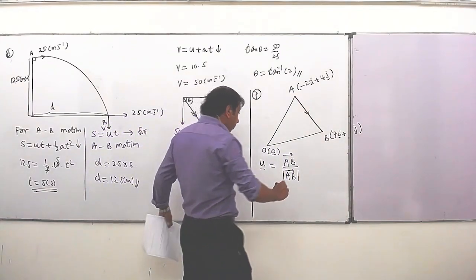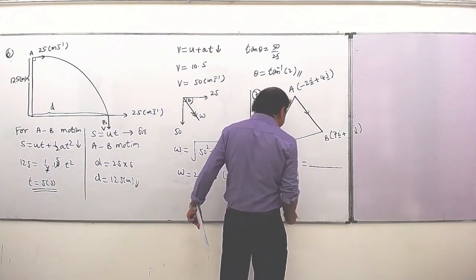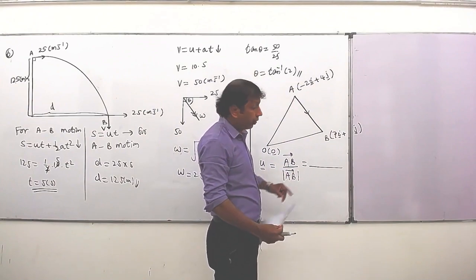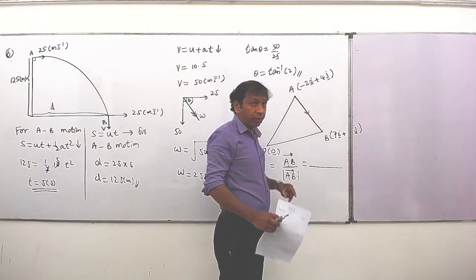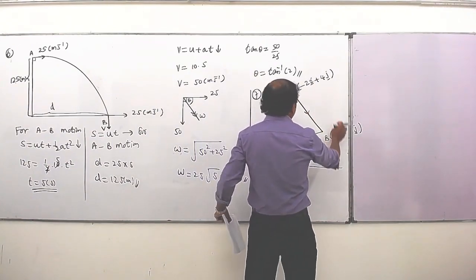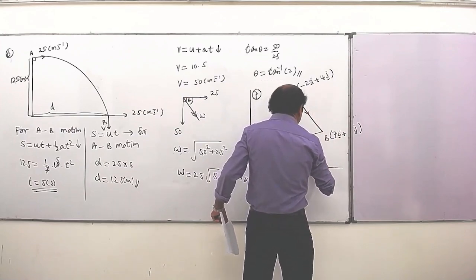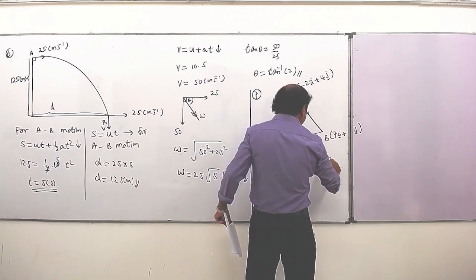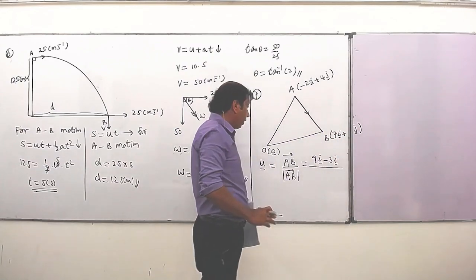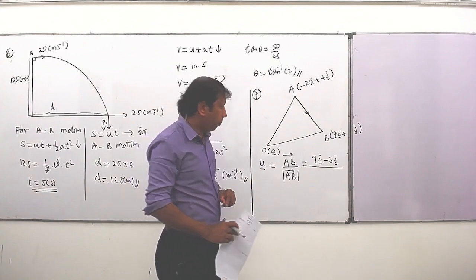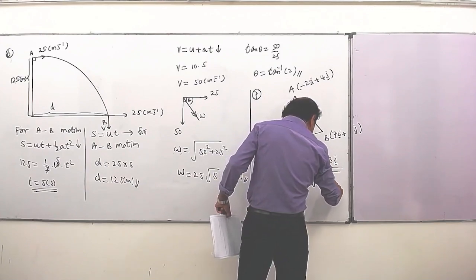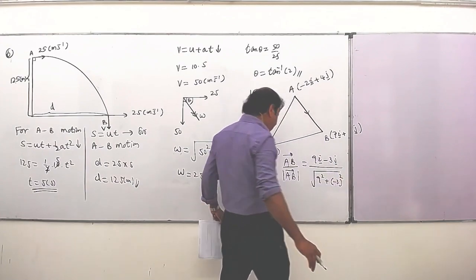But the AB vector, A to B vector, will be equal to position vector of B minus position vector of A. 7i minus minus 2i is 9i, j minus 4j is minus 3j. That is the AB vector. Its modulus means square root of i coefficient squared plus j coefficient squared.